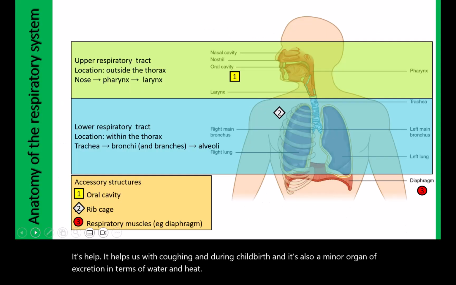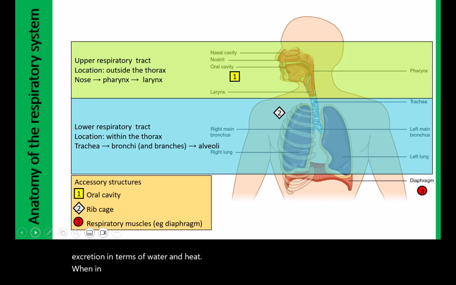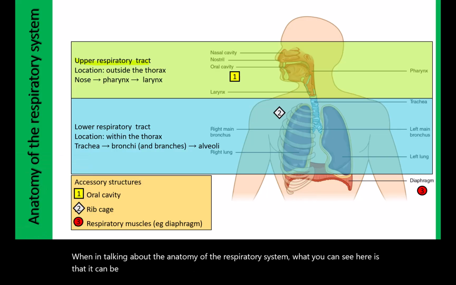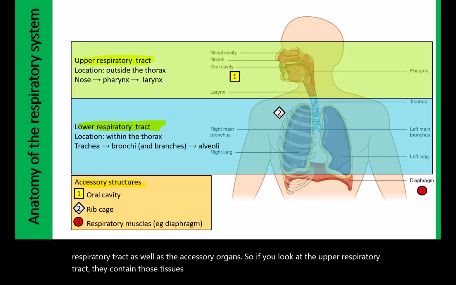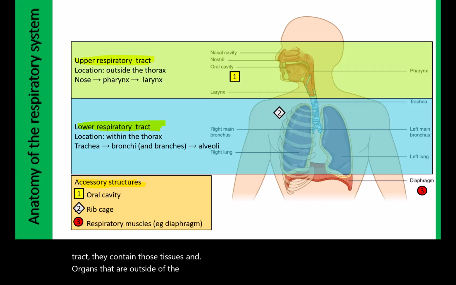When talking about the anatomy of the respiratory system, it can be divided into the upper respiratory tract and the lower respiratory tract, as well as the accessory organs. The upper respiratory tract contains those tissues and organs that are outside of the thorax, outside of the chest cavity.